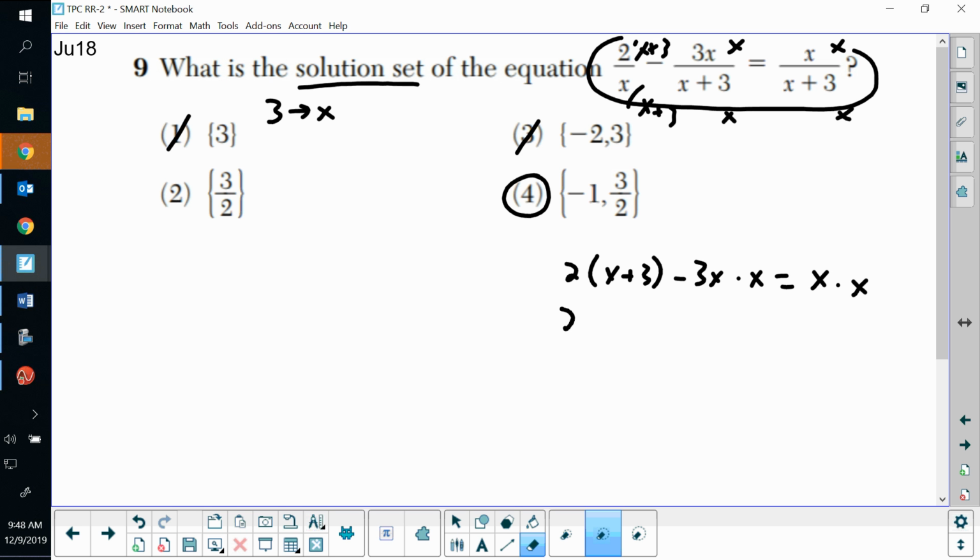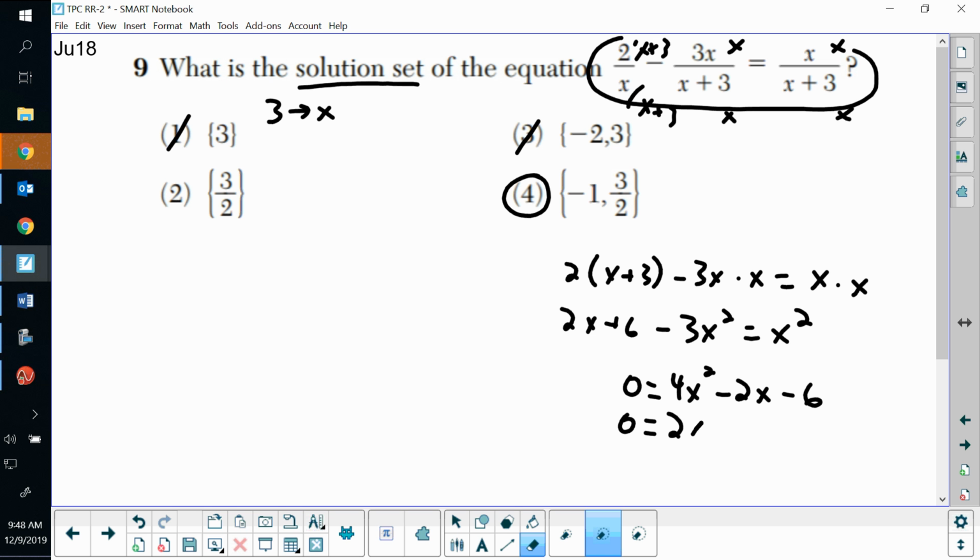So this would become 2x plus 6 minus 3x squared equals x squared. If we get everything on one side with a positive x squared, we'll get 4x squared when we add the 3x squared over, minus 2x minus 6. And if we divide everything by 2, we'll get 2x squared minus x minus 3.